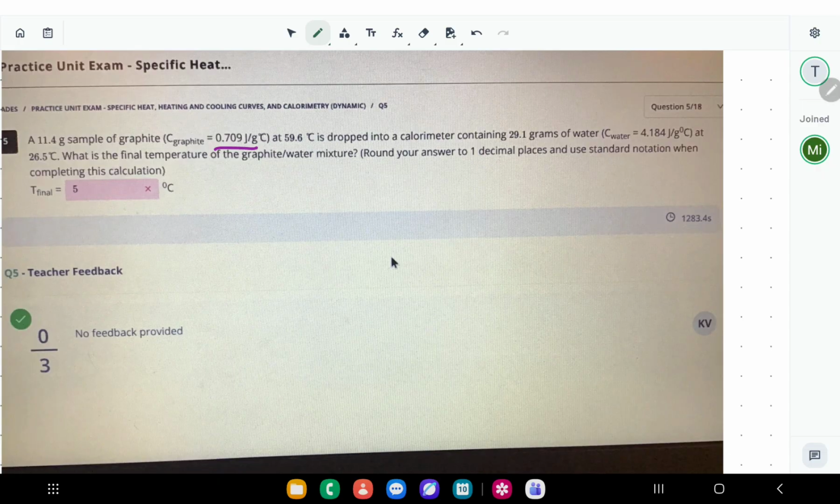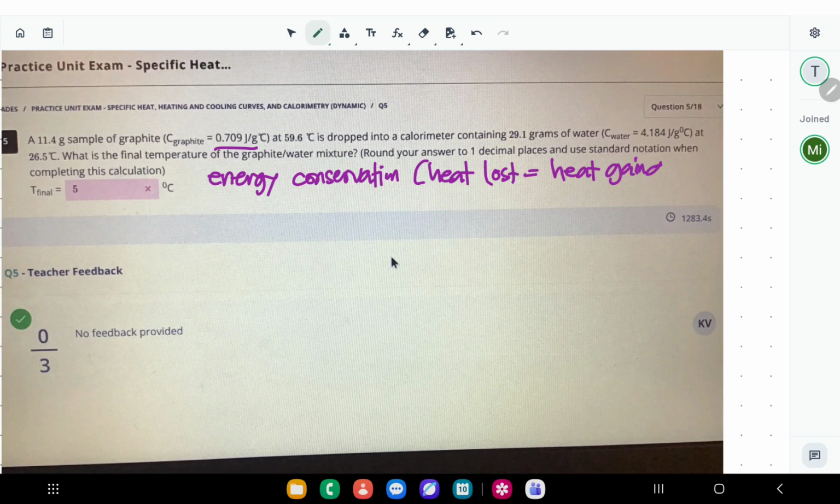Okay, so this one we equate. Can you now see me writing? So we use energy conservation here. Heat loss is just equal to heat gain.